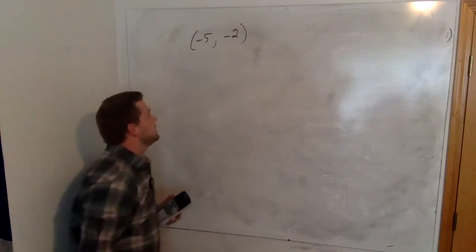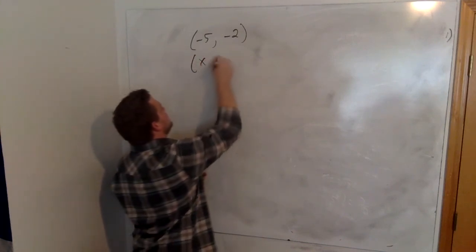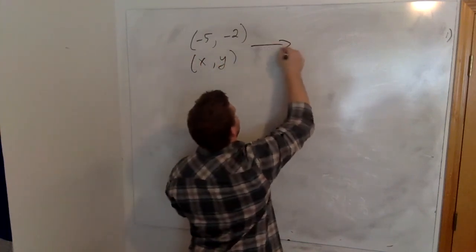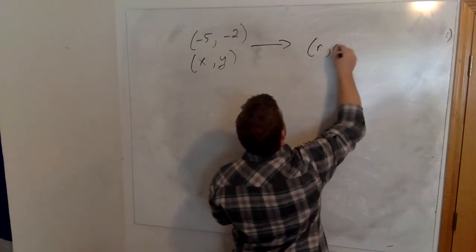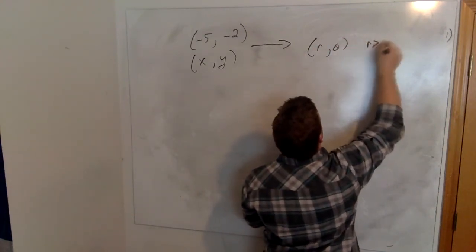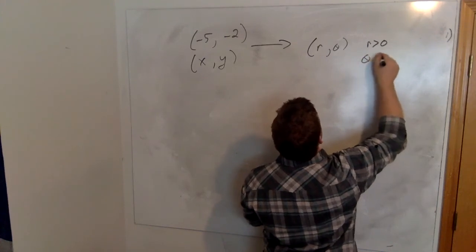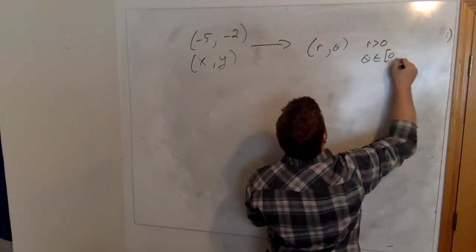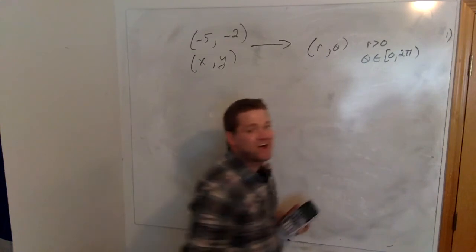Let's say this is a point in rectangular coordinates. I want you to convert it into polar coordinates. Go ahead and give it a shot, and I want you to report it with the radius bigger than 0 and the angle between 0 and 2 pi. Go ahead and give this a shot.